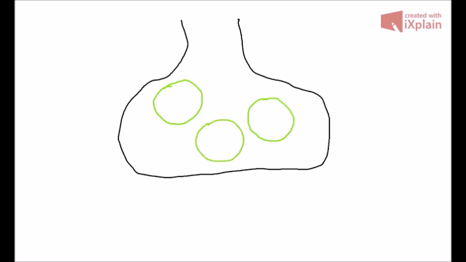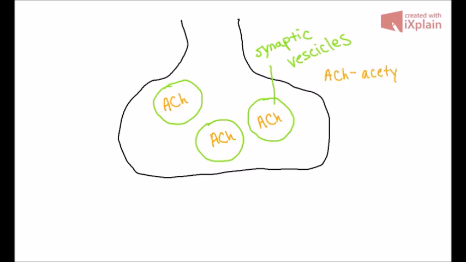Here's some synaptic vesicles. Inside the synaptic vesicles is acetylcholine, and that's abbreviated ACH. I'll write it down here for you. Acetylcholine.